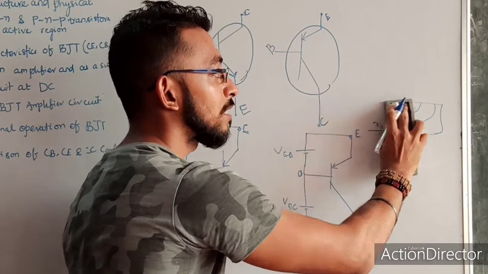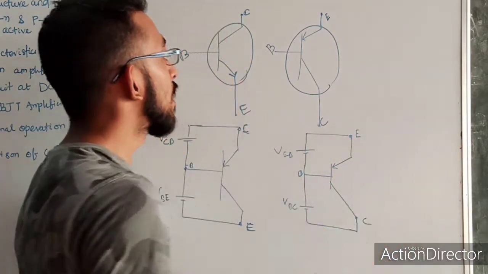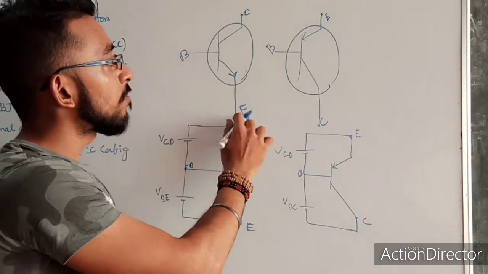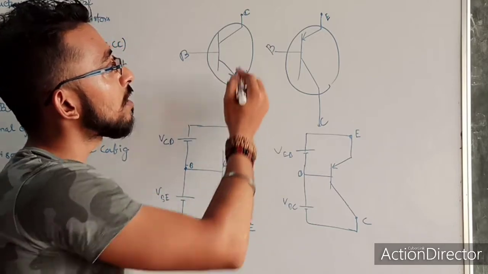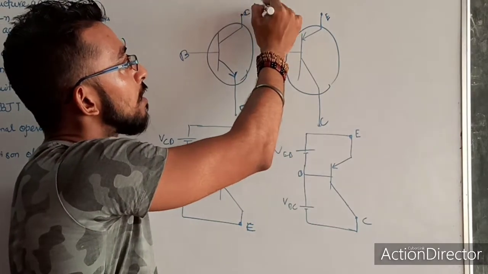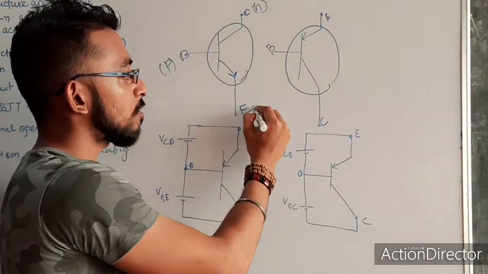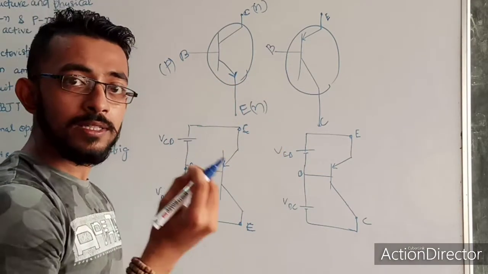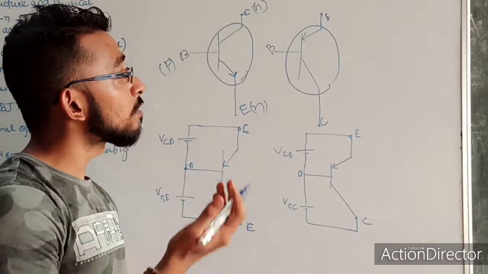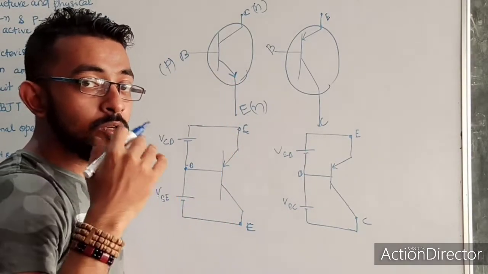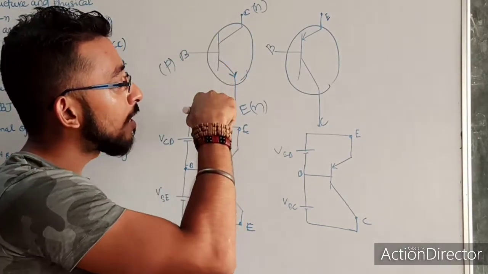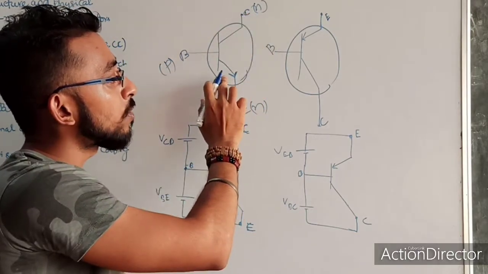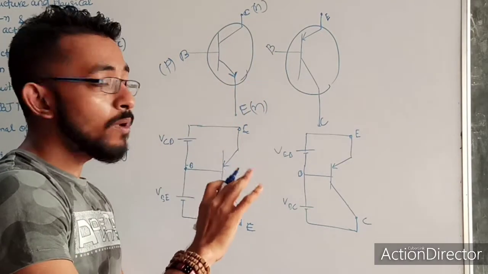For that reason, because of the non-symmetry, I have distinguished my emitter with an arrow mark. But if I do not place an arrow or any symbol, then how can I distinguish between emitter and collector? So to distinguish between my emitter and collector, I always put an arrow mark on the emitter.